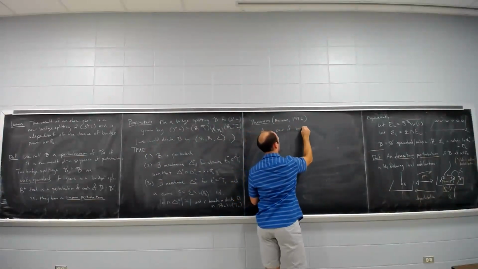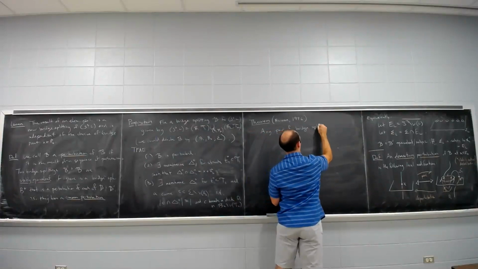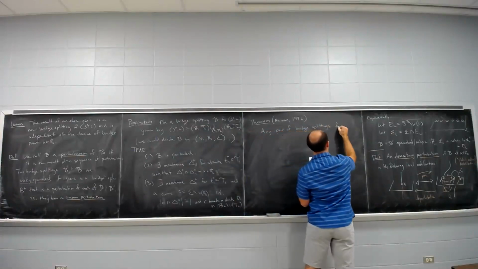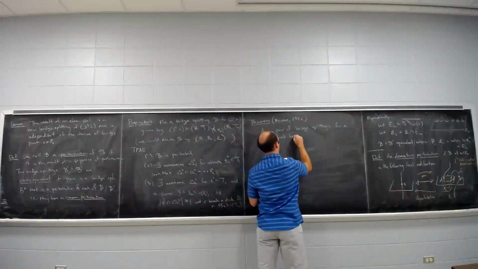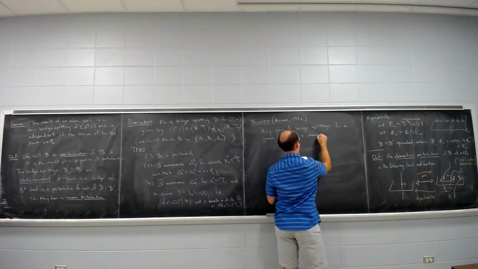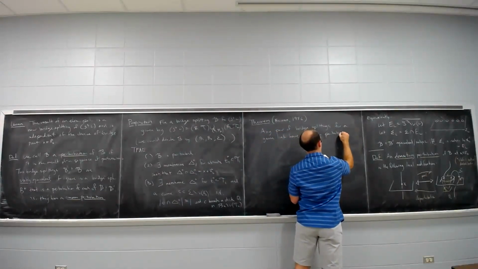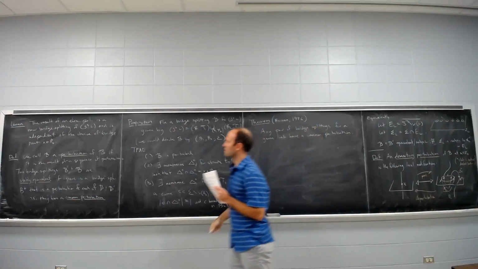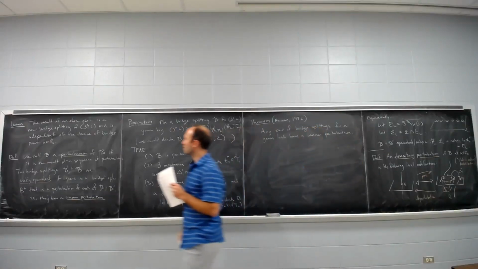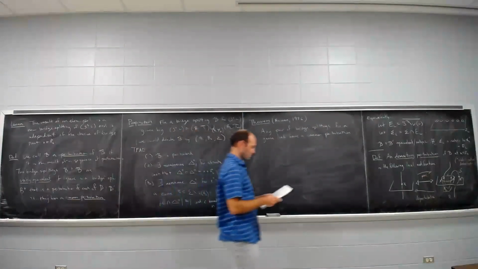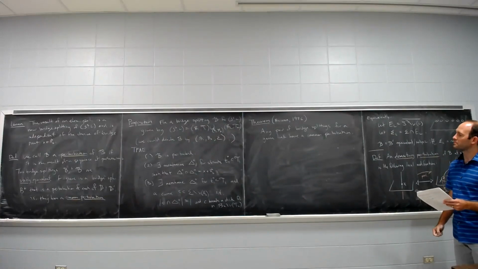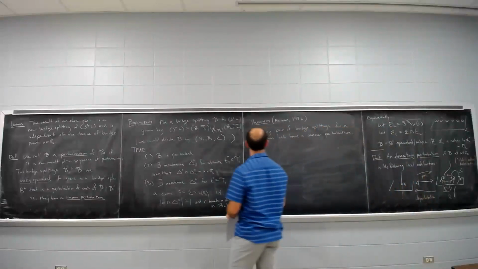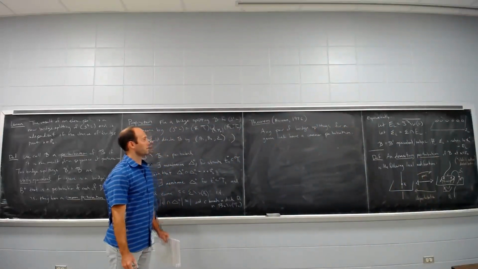Any pair of bridge splittings for a given link have a common perturbation. Okay, so I don't think I'll say anything about the proof.